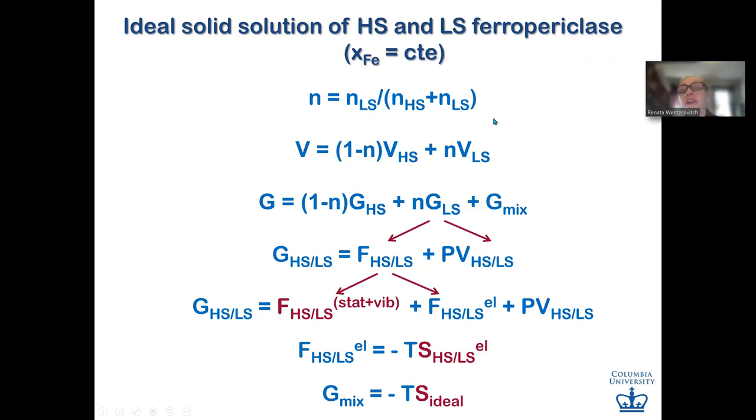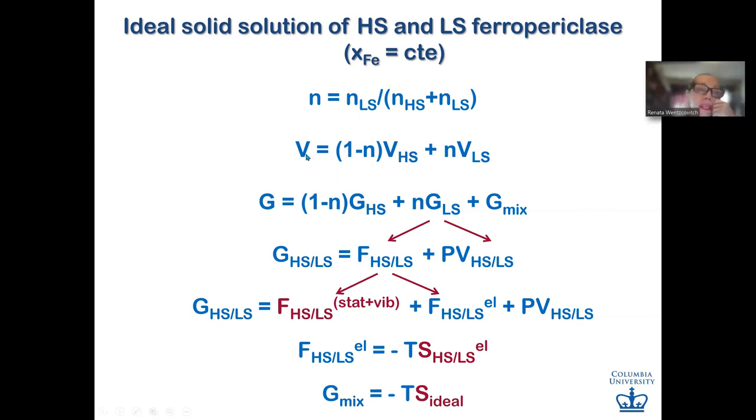For example, since iron is not very close to iron, I'm seeing here that there doesn't seem to be very much interaction between ions. This is the first thermodynamic model we developed. Let's assume that this solid solution between high spin and low spin is ideal.